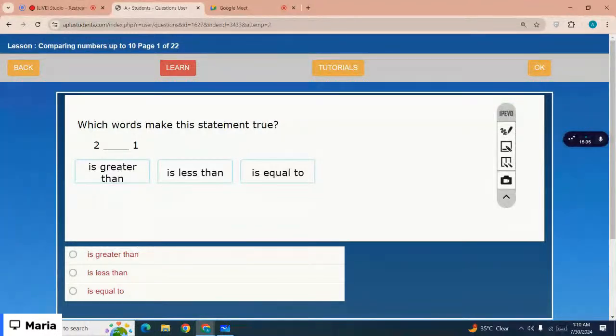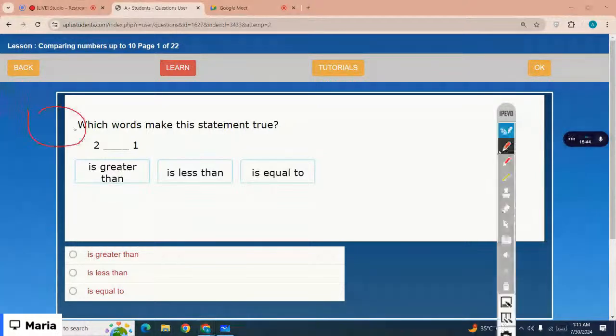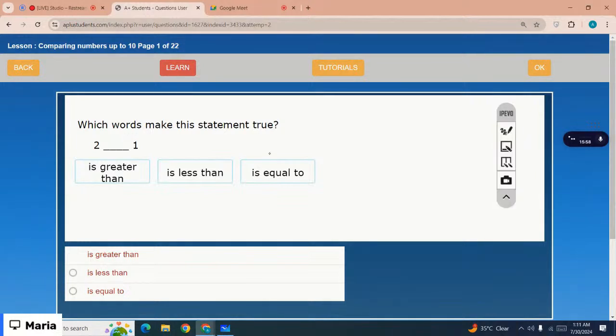So when we are counting, 2 comes after 1, right? That means 2 is greater than 1 because 2 comes after 1. The correct option is 2 is greater than 1. Greater it is.